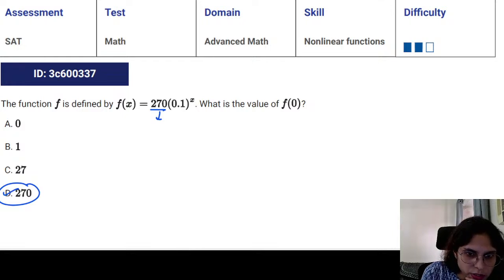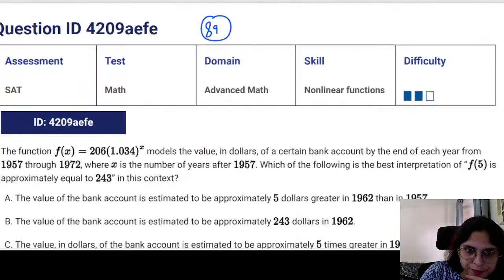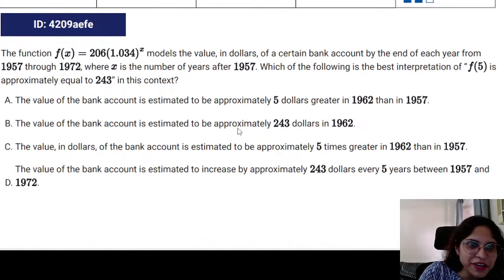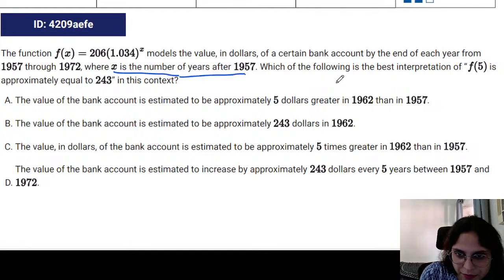Now the next question is 89. That's going to be on page number 19. Now f of 5 is equal to 243. So 5 is x, the number of years after 1957.